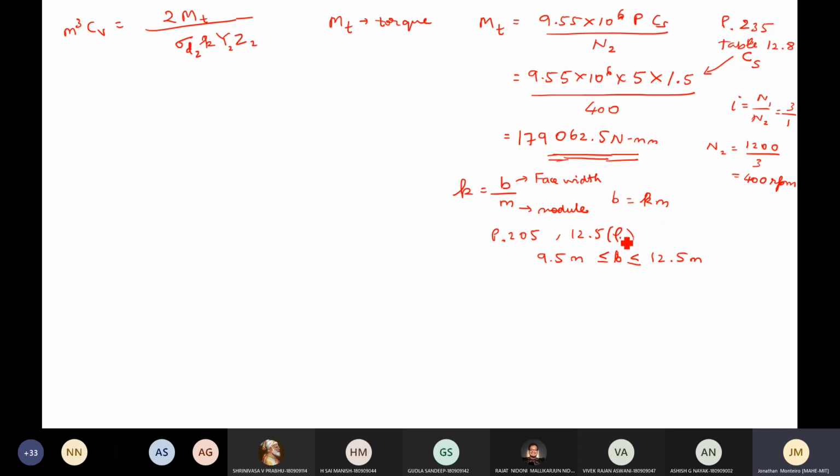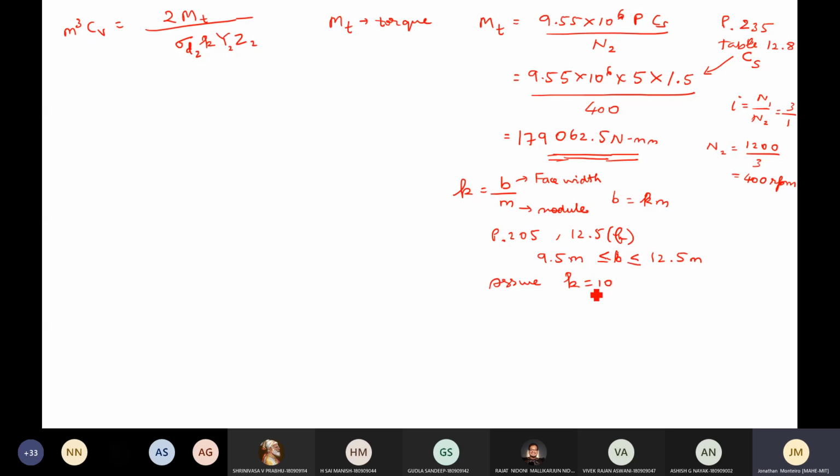So let us take a value. We do not have anything here to compare, so let us take this particular value, say 12.5 or 9.5, or say 10 or 11. You can even take 12. But let us assume K is equal to 10, somewhere in between.